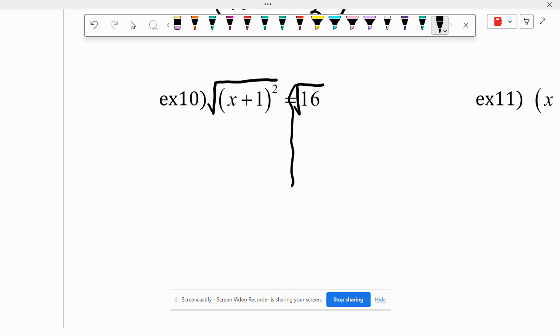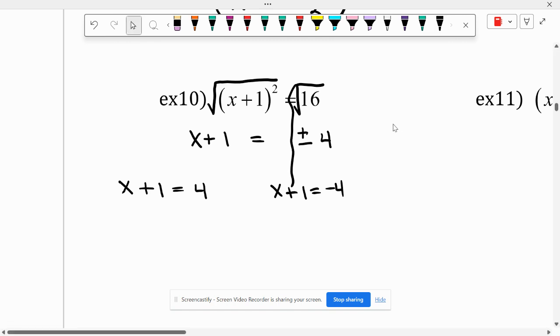So when I do that, that gives me x plus 1 equals plus or minus, what is the square root of 16? 4. So now we have to solve that into 2 problems. That means that x plus 1 is positive 4, or x plus 1 is negative 4. Just like our example.